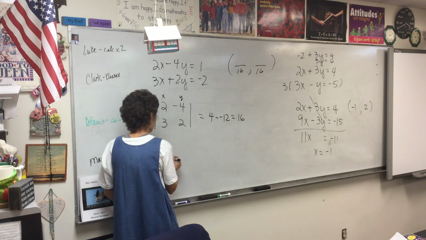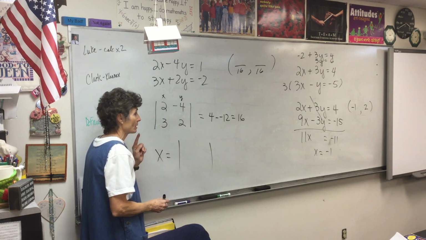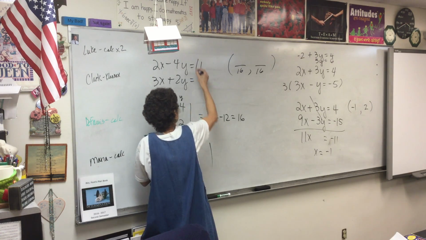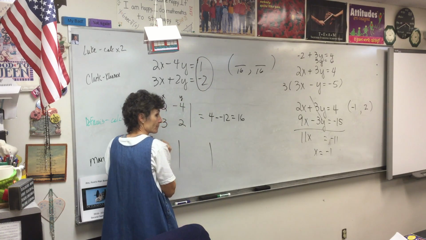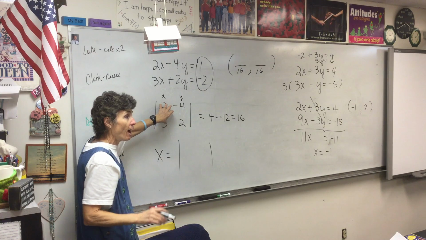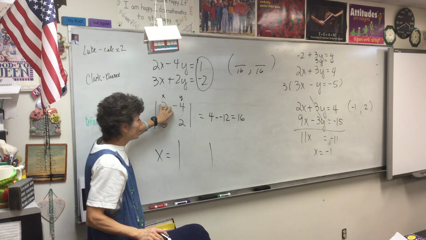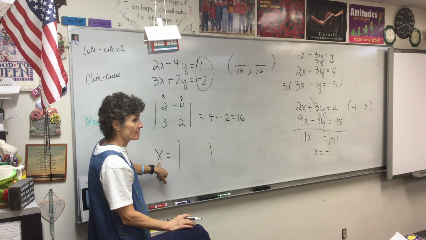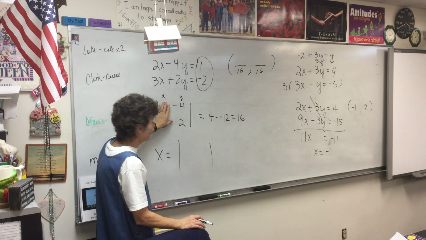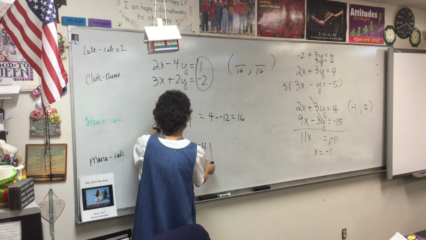To find the x numerator, I have another determinant. But I don't use these very same numbers. I take these right here and paste them in on top of the x's. Remember that? If I am solving for x, I take these numbers and put them right on top of the x numbers. So I'll have 1, negative 2, negative 4, 2.